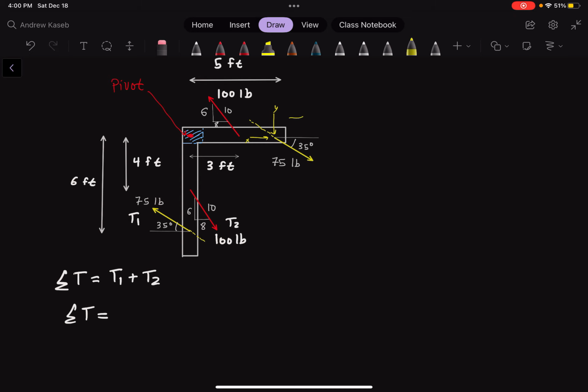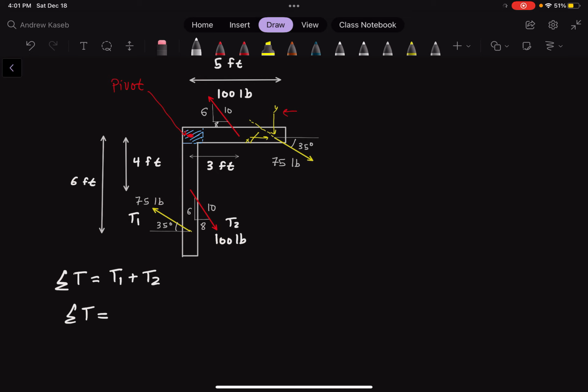Here you can see that the x component is going to go through the pivot point, meaning that it won't cause torque. If you have a force that goes through a pivot point, it will not be causing torque. So here we can ignore the x component and only focus on the y component.